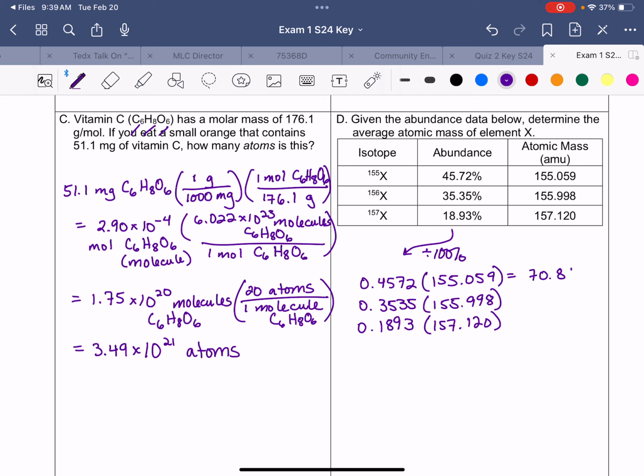When you work out these values and think about the decimal places related to the sig figs, you'll see that each of them gives you 2 decimal places. So when you do your addition, you get 155.78 AMU with 2 decimal places.